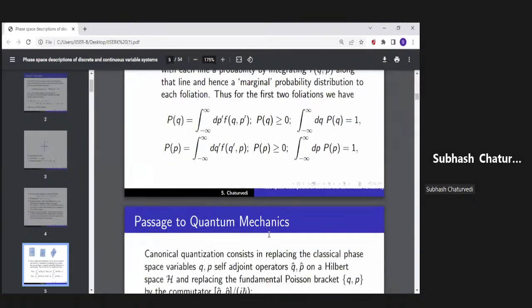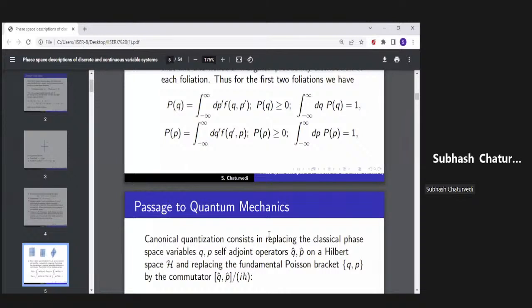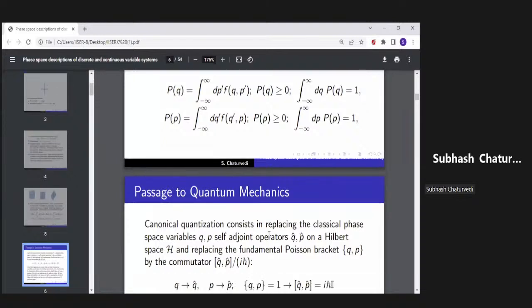Now we pass to, this is again very standard, and I'm sure that you must have learned in basic courses in quantum mechanics.